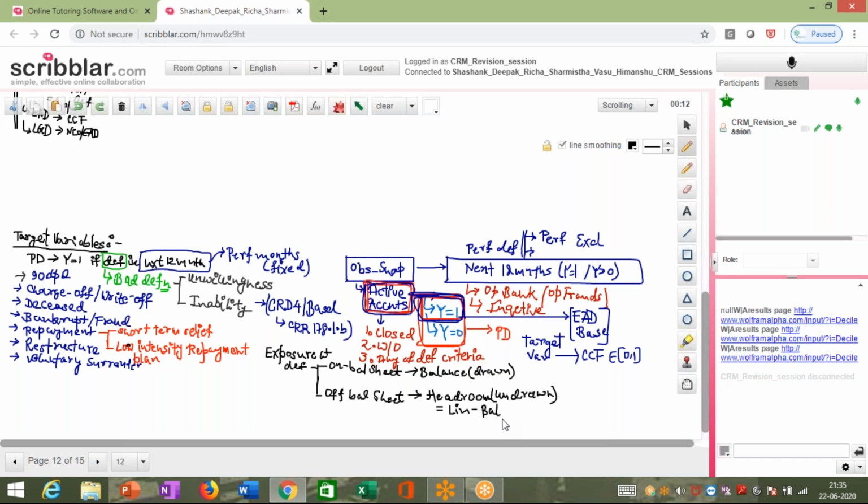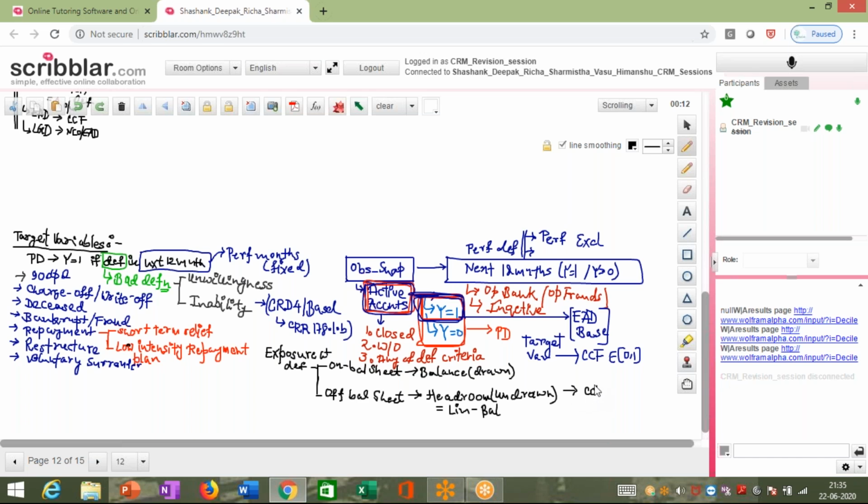The next important question is: how do I consider this headroom, or undrawn balance, in my model? I need some kind of conversion factor that will help me convert this headroom into an on balance sheet equivalent. That conversion factor is your CCF.